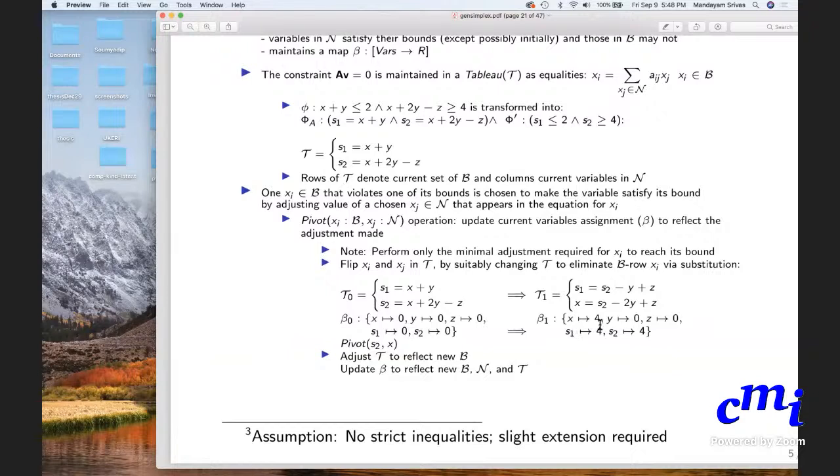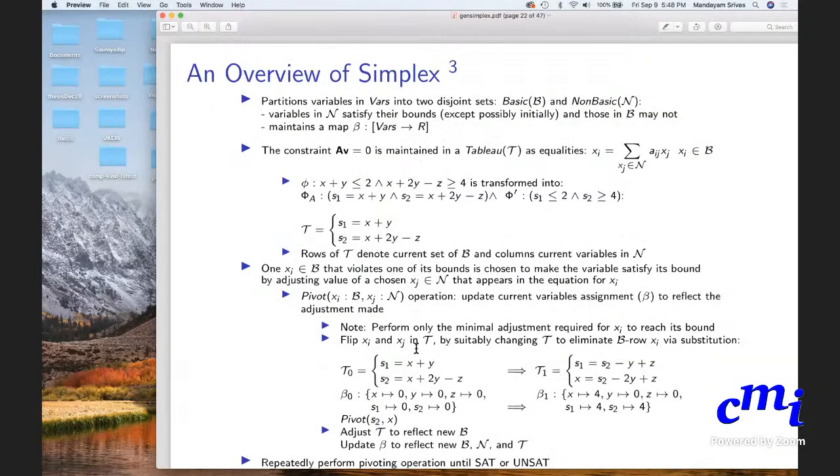But then all the basic variables in the basic set will have to be updated as per the new values for the new non-basic set. That's how it does it.